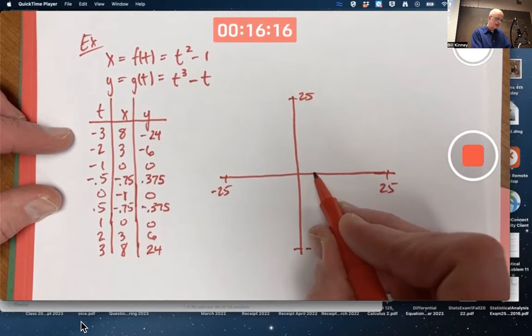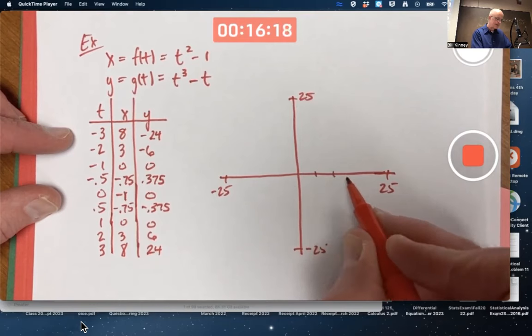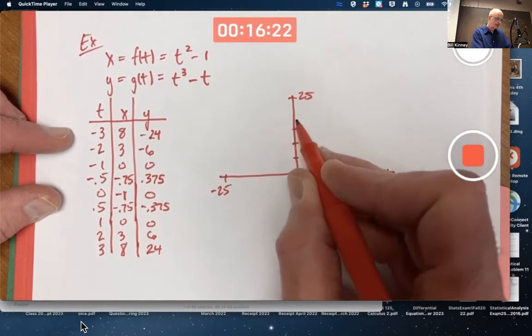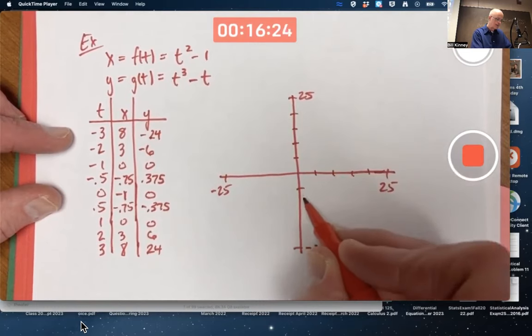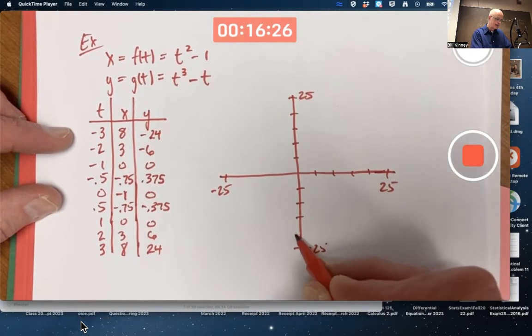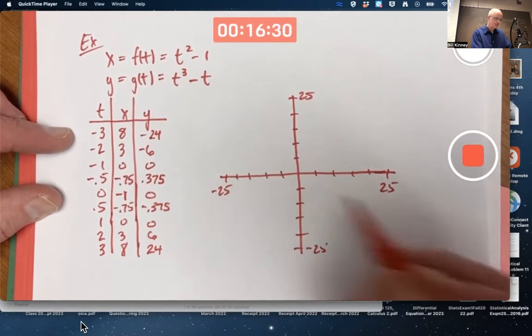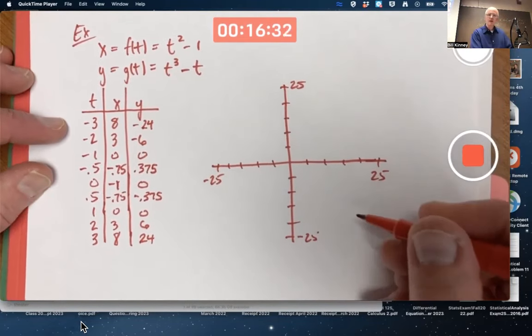I'll try to do it as accurately as I can here. These are 5, 10, 15, 20, 5, 10, 15, 20, -5, -10, -15, -20. Same kind of thing over here. Not perfect, but good enough.